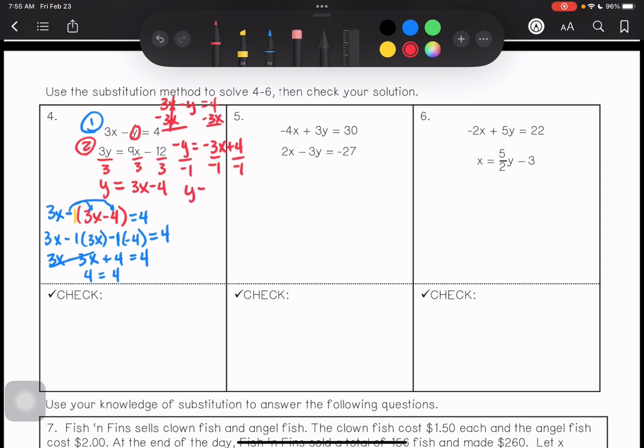And I'm left with y equals 3x minus 4. So if I compare this equation with our first equation, they are identical. This is equation 2. This is equation 1. Okay? Because they're identical, my solution is infinitely many solutions.